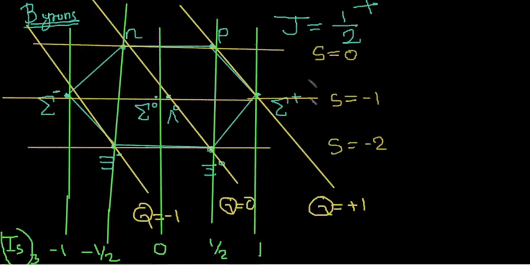So all the properties are known from here: total angular momentum is half, parity is positive, and strangeness quantum number is 0, minus 1 and minus 2. It is 0 for the neutron and proton, minus 1 for the sigma minus, sigma naught, sigma plus and lambda naught, and strangeness minus 2 for the cascade minus and cascade naught.